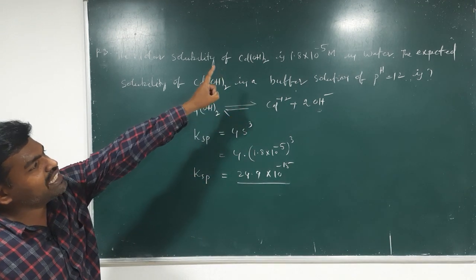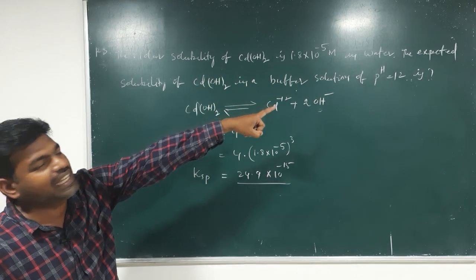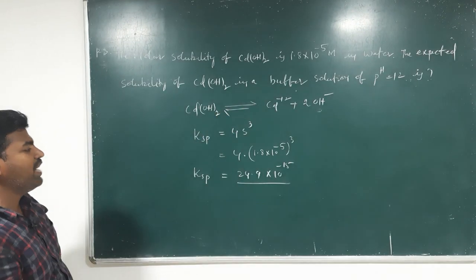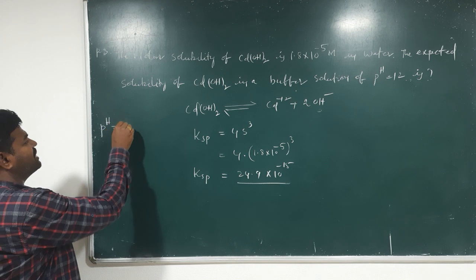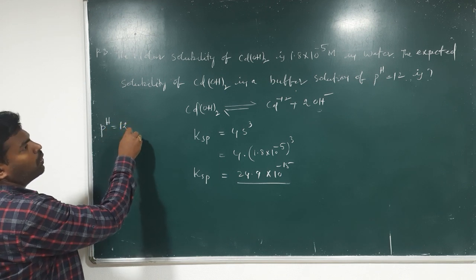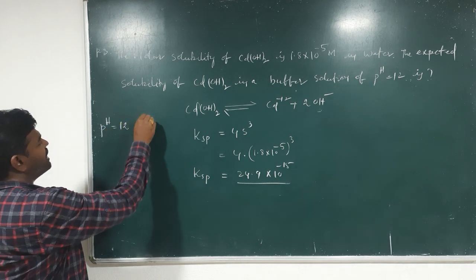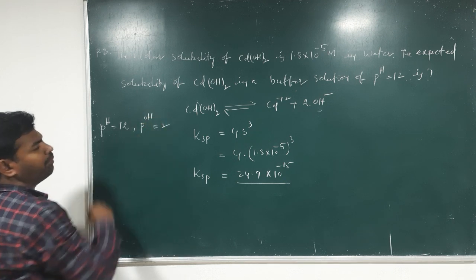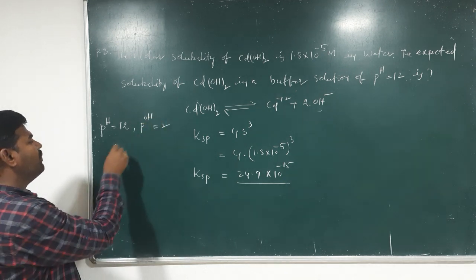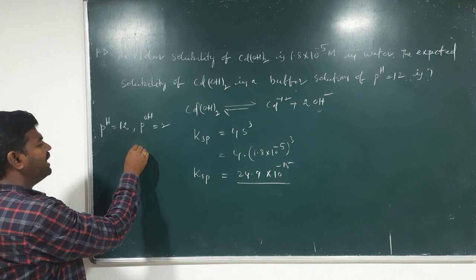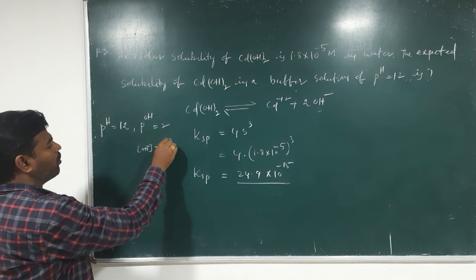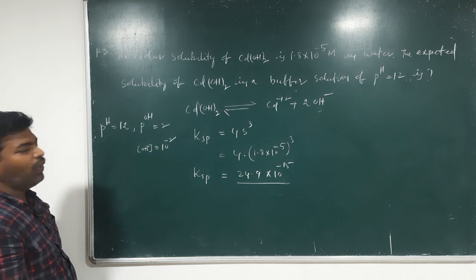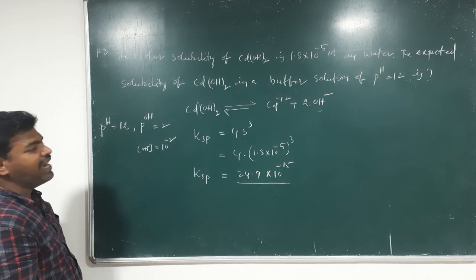Cadmium hydroxide is a base, and they have given that pH is 12, so we have to convert that pH. pOH is 2. If pOH is 2, then the concentration of OH minus ions is 10 power minus 2.